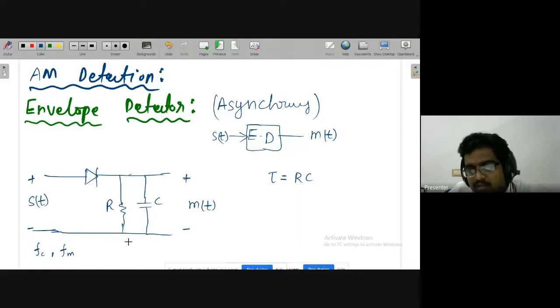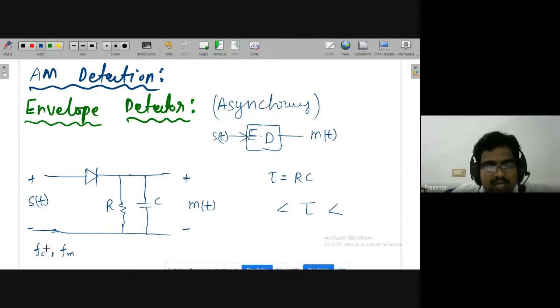Now somebody tell me, my tau has to be in some range, between some values. Can somebody tell me what is the time period for fc? That is 1 by fc, the time of the carrier signal. What is the time of the message signal? That is 1 by fm.